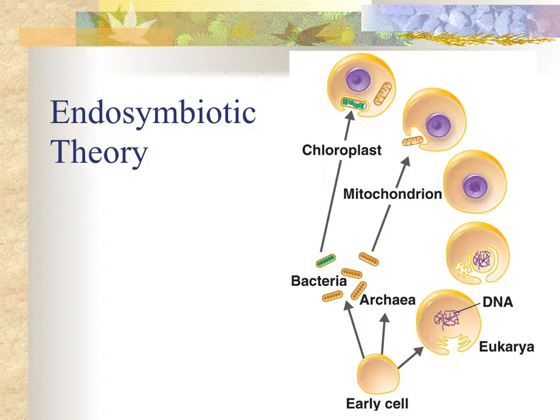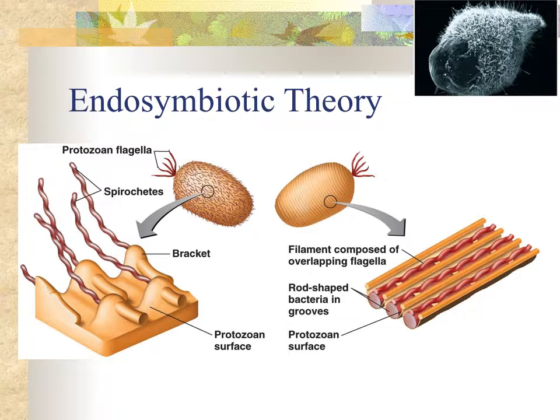And so we think this is the origin of eukaryotic cells, that a eukaryotic cell was actually an archaeal cell that came to have bacteria living in it to do special types of chemical reactions. We even think we can trace in some single-celled eukaryotic organisms an unusual flagella, where what they have is a spirochete that lives on the surface of the protozoan but still provides locomotion.